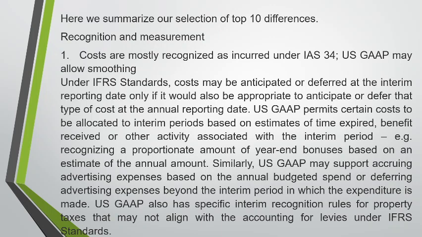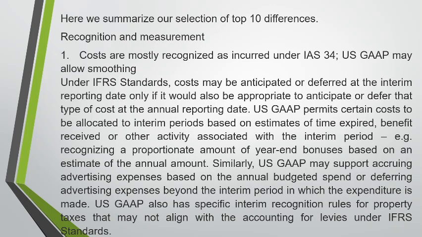US GAAP permits certain costs to be allocated to interim periods based on an estimate of time expired, benefit received, or other activities associated with the interim period, such as recognizing a proportionate amount of year-end bonuses based on an estimate of the annual amount. Similarly, US GAAP may support accruing advertising expense based on annual budgeted spend or deferring advertising expenses beyond the interim period in which the expenditure is made.